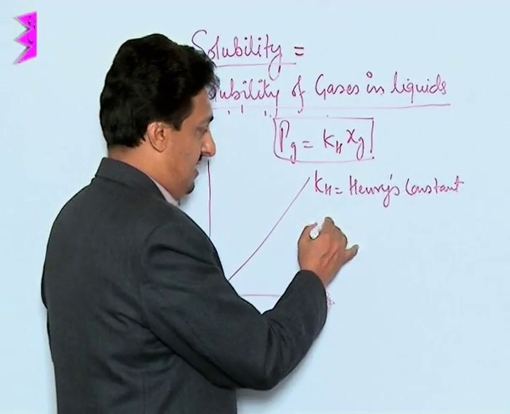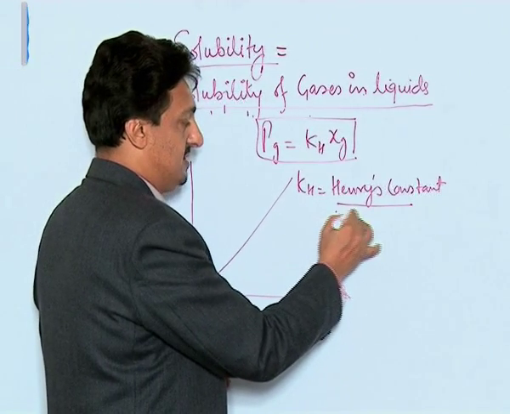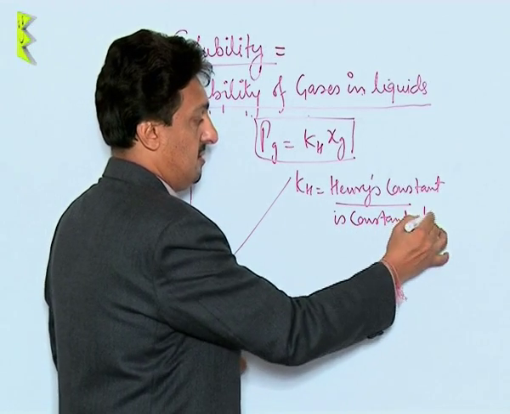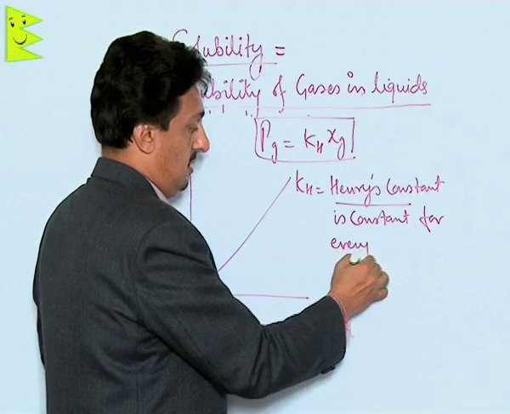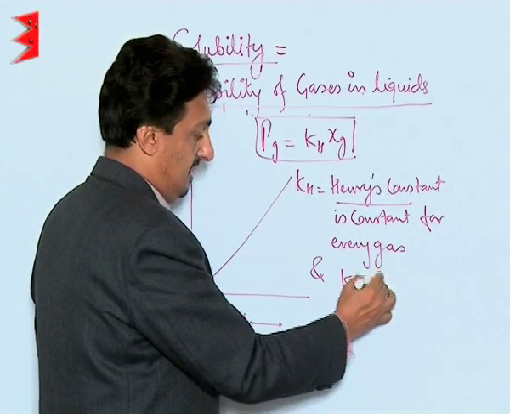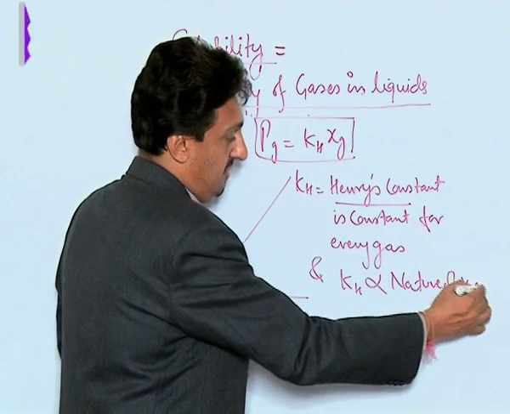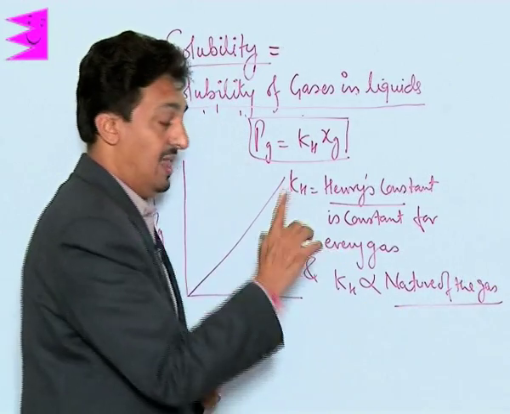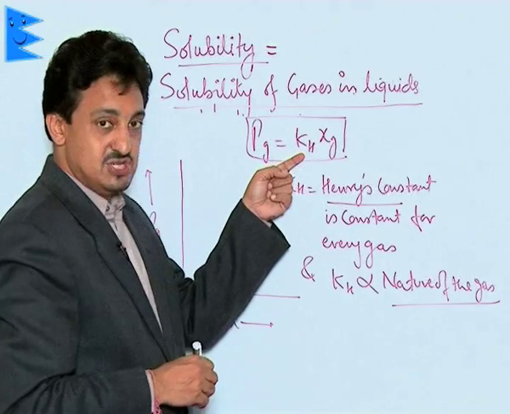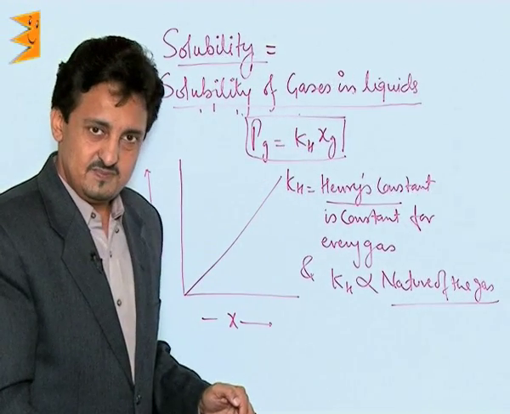So remember, Henry's constant is constant for every gas, and KH depends on the nature of the gas. Another important thing: the higher the KH, Henry's constant value for a gas, the lesser is its solubility.